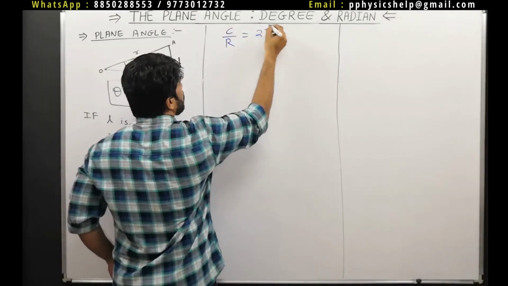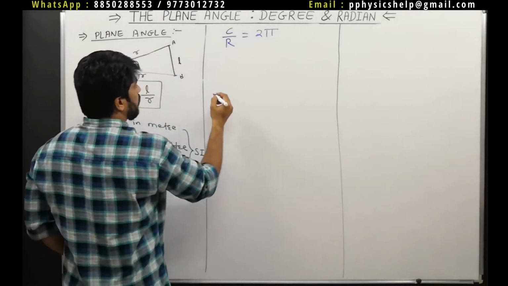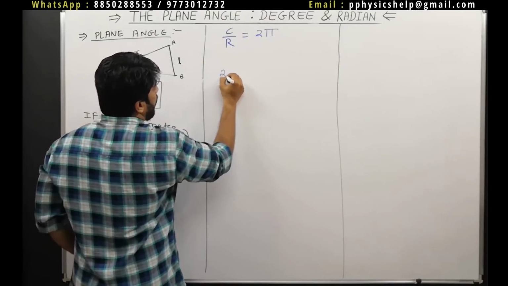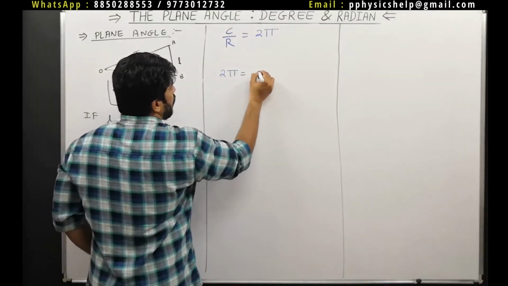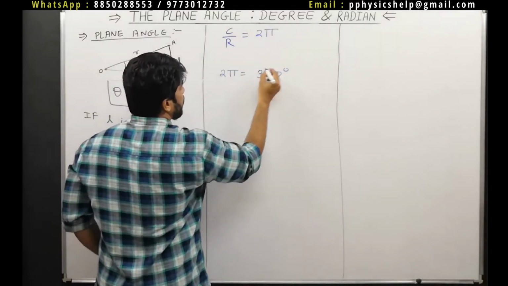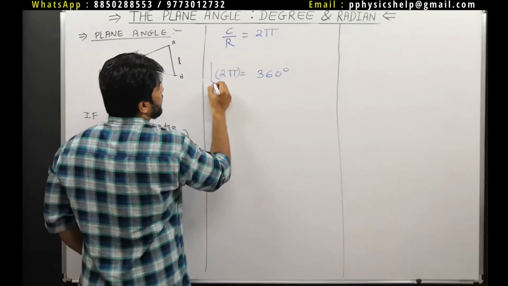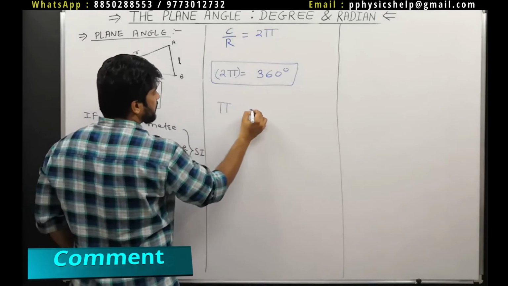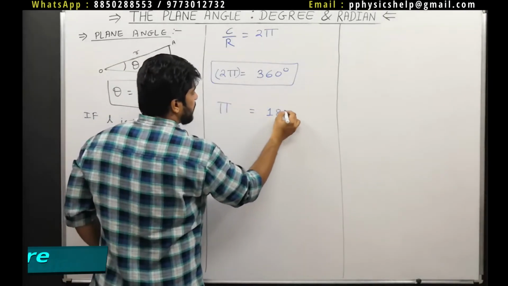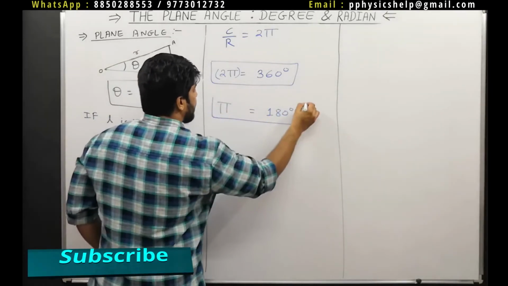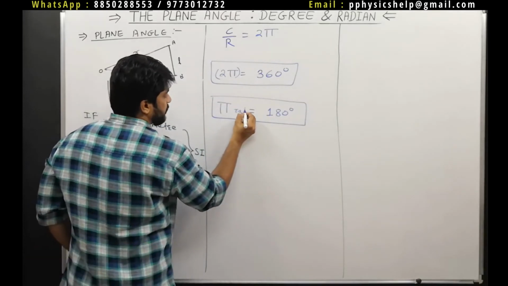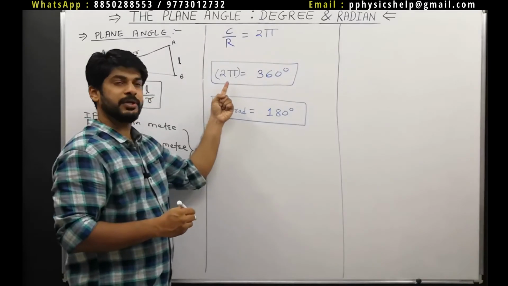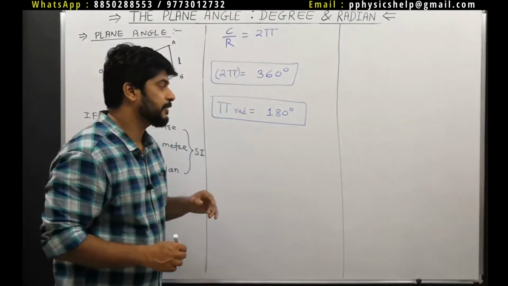Also 2 pi is equal to 360 degrees, this is in radians and that is in degrees. Then we found pi is equal to 180 degrees. Remember this: whenever you are writing this pi, that is always in radians, remember that.